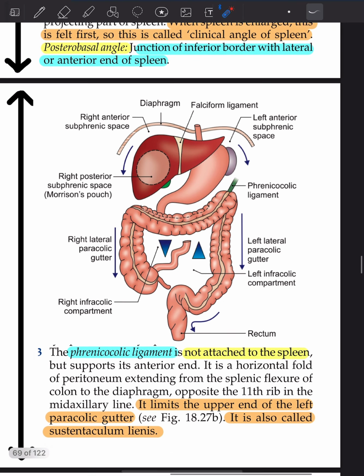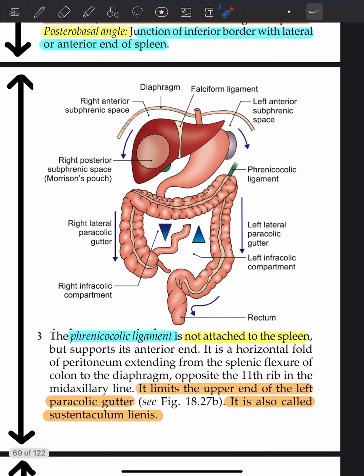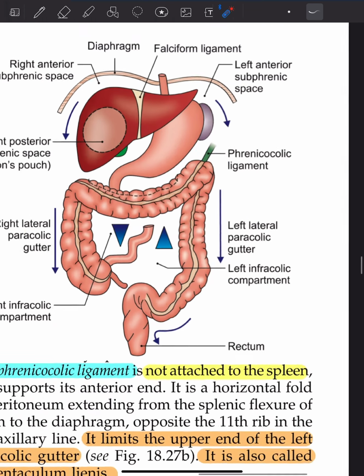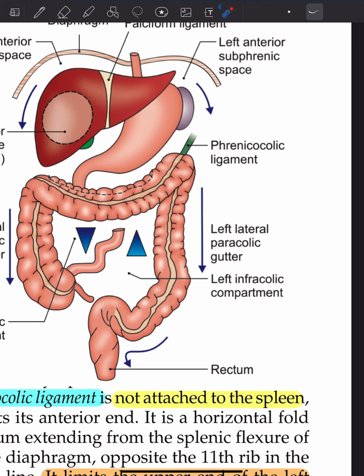Now some more points about the phrenicocolic ligament here. As I told you, the phrenicocolic ligament is not attached to the spleen, and rather it limits the upper end of the left paracolic gutter. As you can see, this is the left paracolic gutter, and when the phrenicocolic ligament is connected here, it basically limits this part.